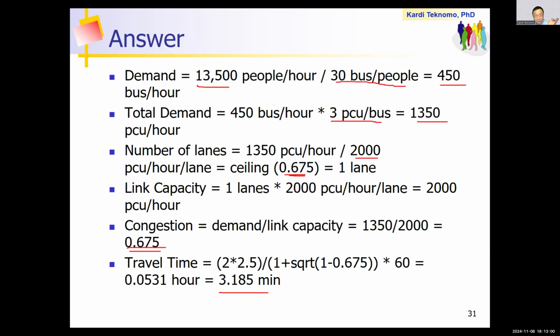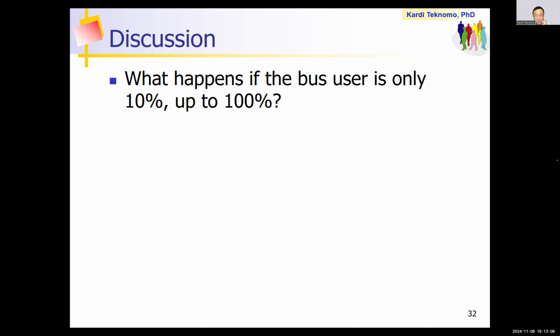Okay, so now what I want you to do is this. In a similar computation, can you calculate what will happen if the bus user share goes from 0%, all using car, to 100% using bus? Can you put in gradations, from 10%, 20%, 30% up to 100%?